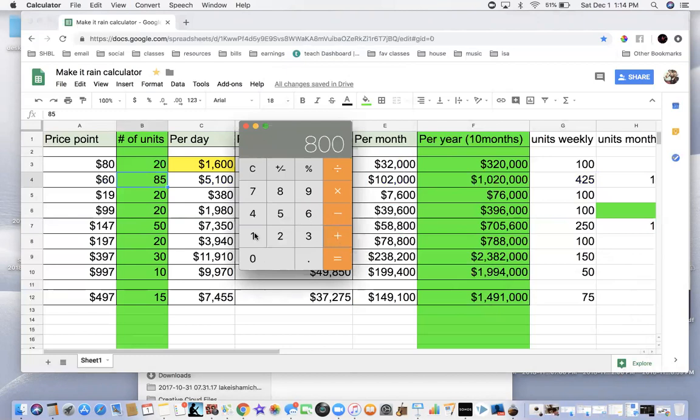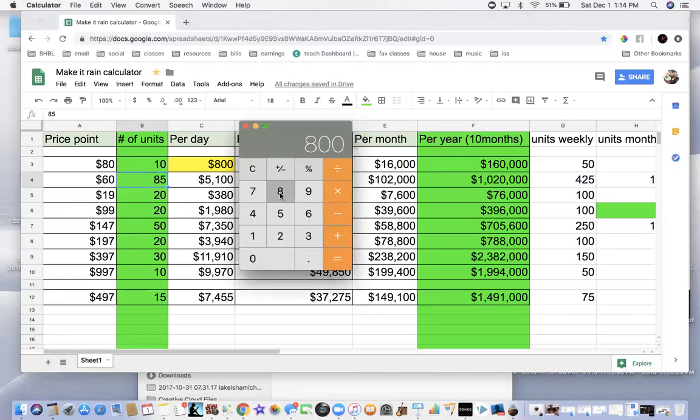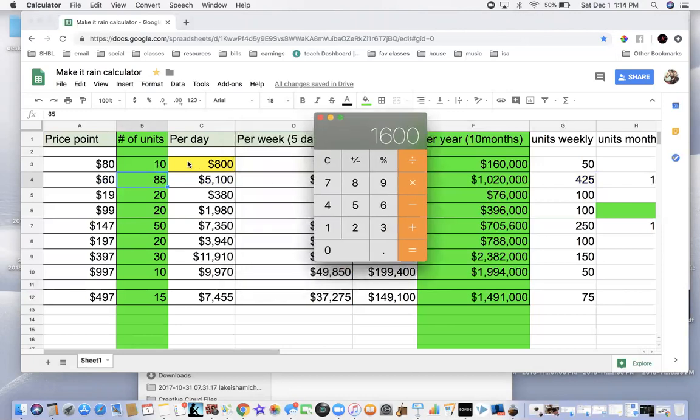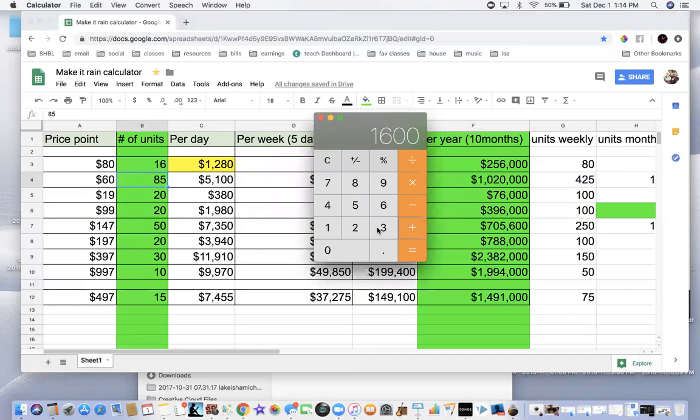And on Friday, let's say I did 10 people. That's $800, and I'm not counting tips. And these are real, this is how it was when I was in the salon. Now we're at $1,600 for the week. On Saturday, let's say I had 16 people. Let's add in Saturday's pay, and here we are, $2,880 for the week.